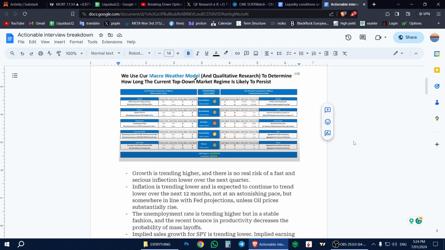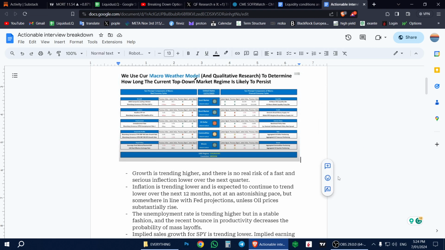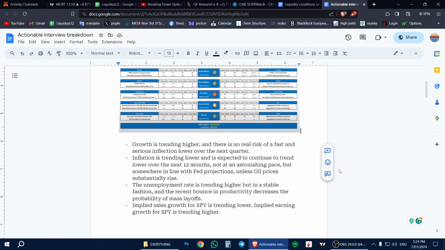But we look at the macro data to get the idea of what's the most probable outcome, and we've looked at a lot of resources, and they have been very, very accurate, the most accurate of all.